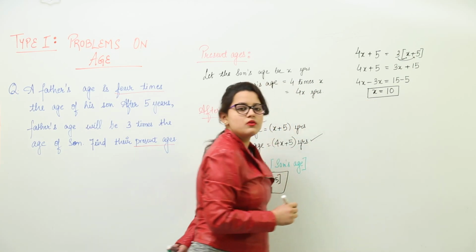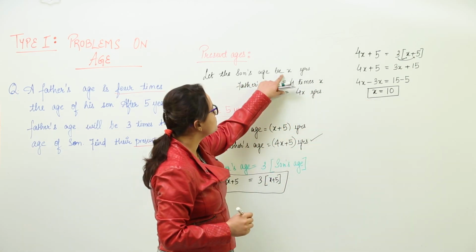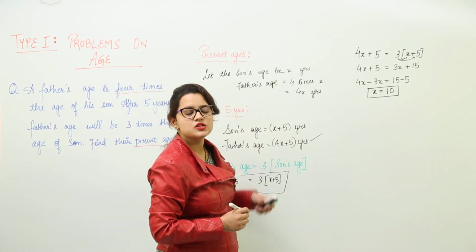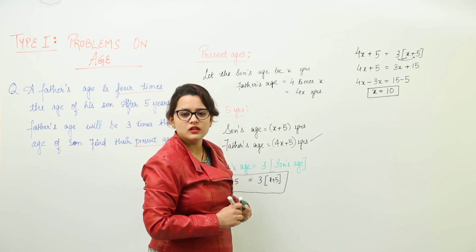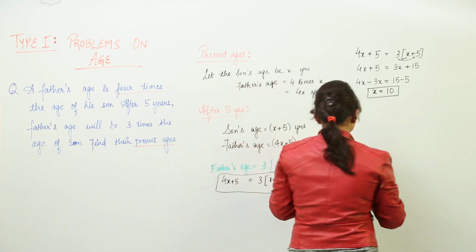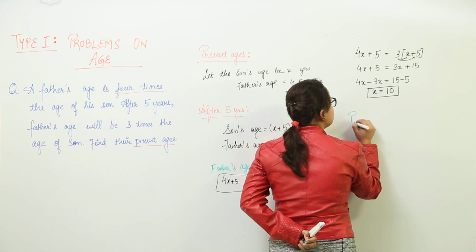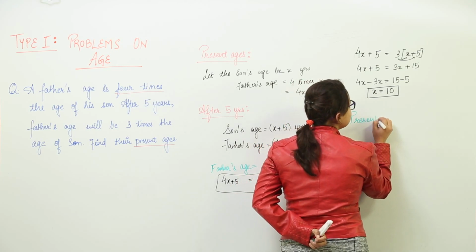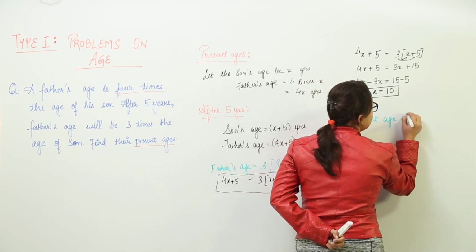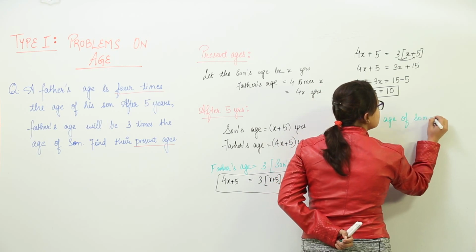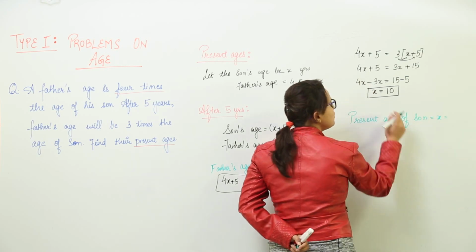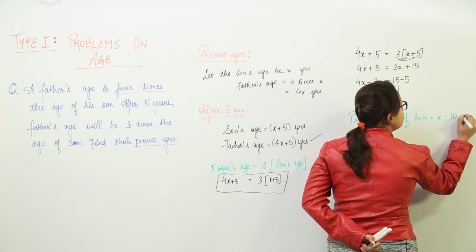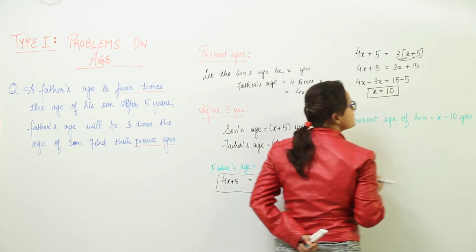What was x in the question? We had assumed x to be the son's present age. That means we are near to finding the present ages. So, we write it down here: the present age of the son was assumed to be x, and we have got the value of x as 10. So, the present age of the son is 10 years.